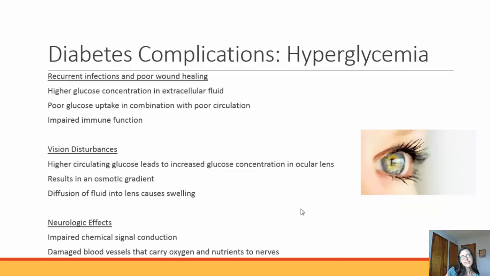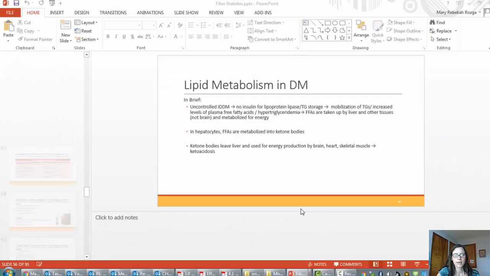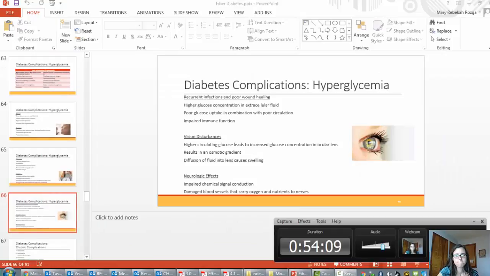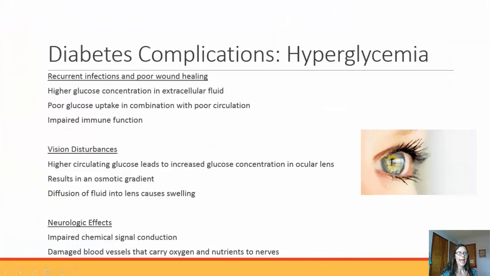Okay, now hyperglycemia can have more negative effects than even all of those listed. When we have such high glucose in our extracellular fluid, we have poor glucose uptake.